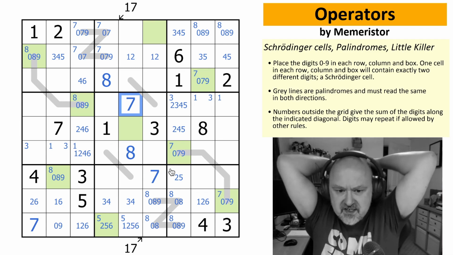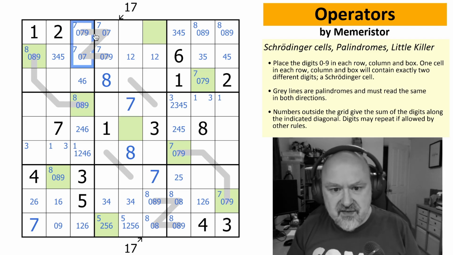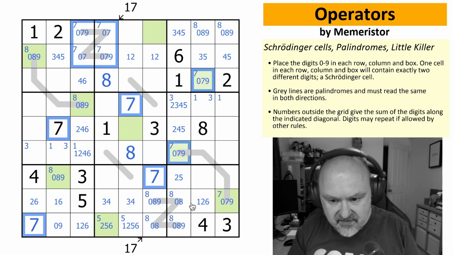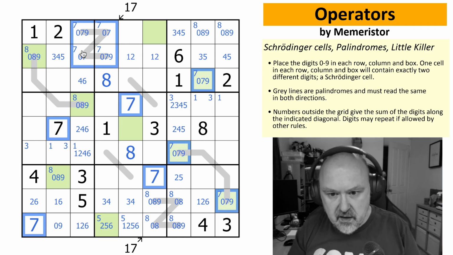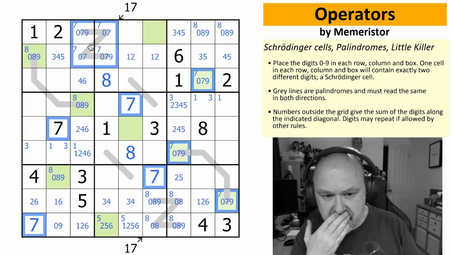I've got so much pencil marks on the grid, I've no idea what to do, but without it, I wouldn't have got anywhere. So hang on, I've got 7s there, I've got 7 there, 7, 7, 7, 7, 7, 7. Does any of that allow me to resolve those 7s?